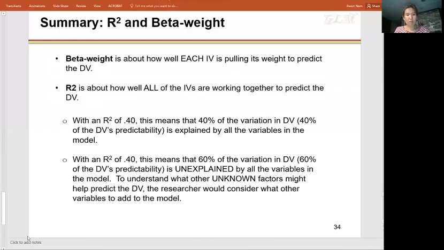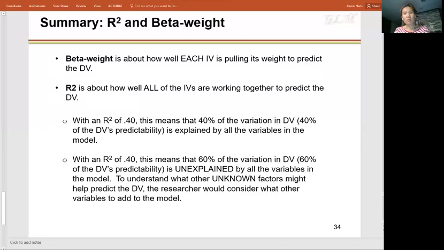Okay. Some people feel like the unexplained part of 60% is so high, so they would say 40% of R square is not that good. Yeah, some people might say that. But generally, if one variable explains the outcome variable with 40%, that means it explains a lot.